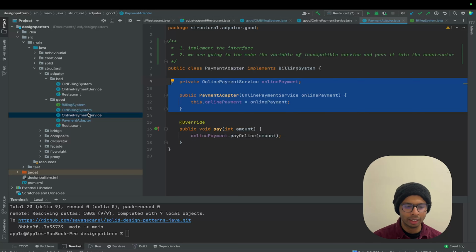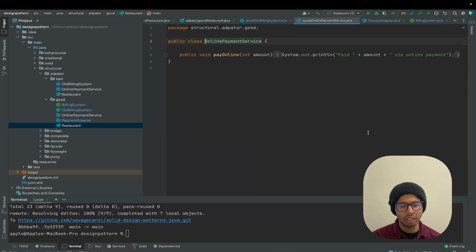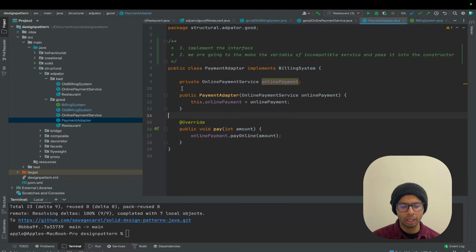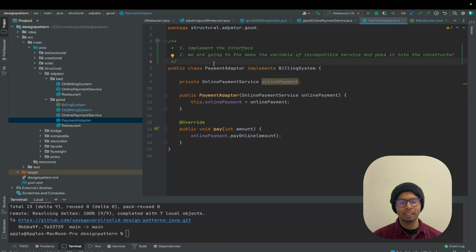It means that first of all, we go to this payment adapter. We are going to pass the incompatible service, that is the online payment service, into the constructor. Let's go back. We pass the online payment service into the adapter. Now after that, in this adapter, we are going to call the same pay function.